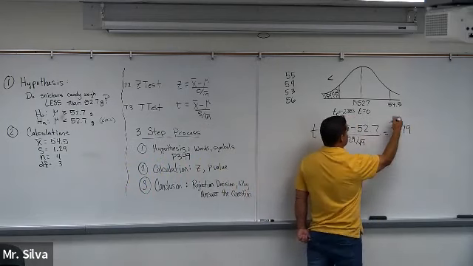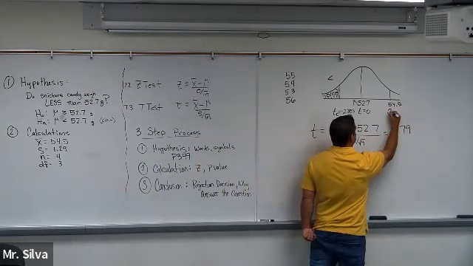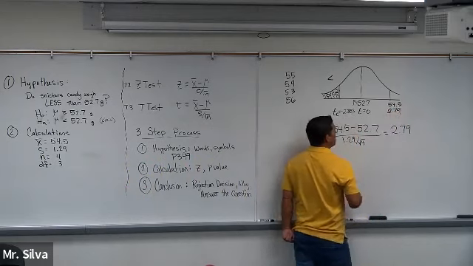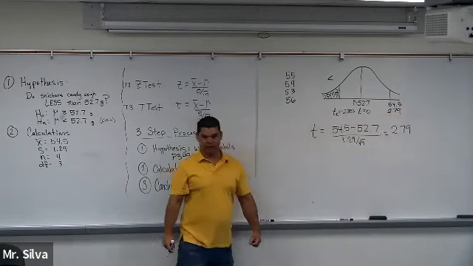When I calculated the t for 54.5, I got 2.79. That's way over there.